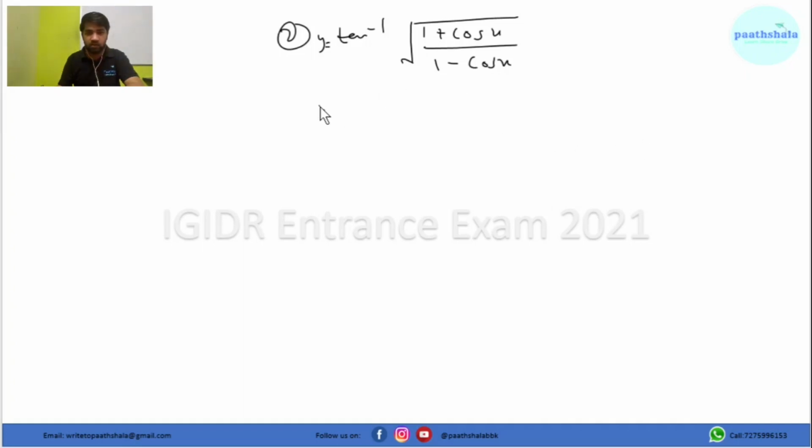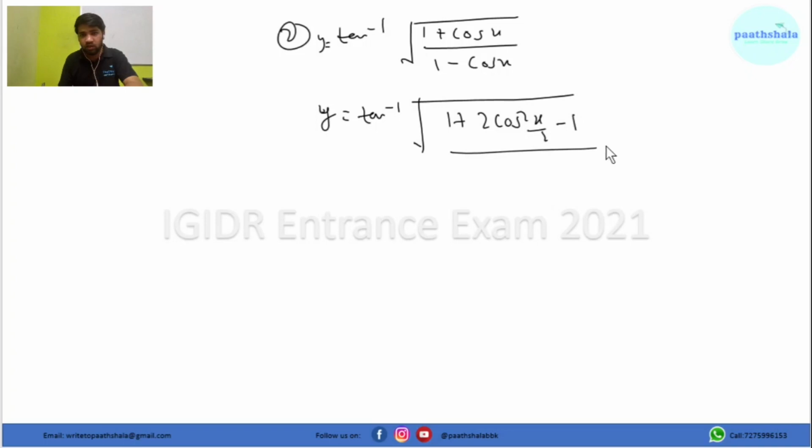So let's say this is y equals tan inverse of under root (1 plus 2 cos square x by 2 minus 1) upon (1 minus 1 plus 2 sine square x by 2). These two formulas I have mentioned in the previous question. So 1 and 1 get eliminated here.